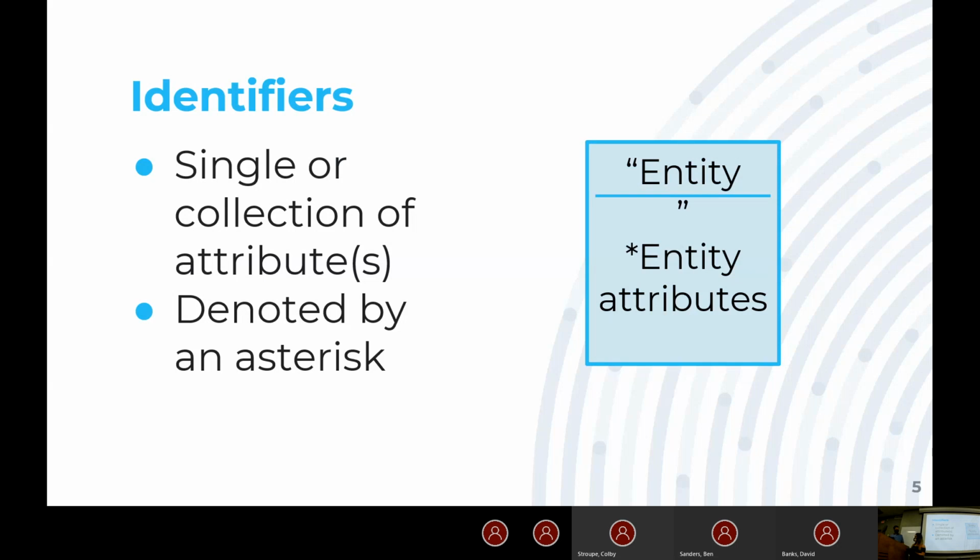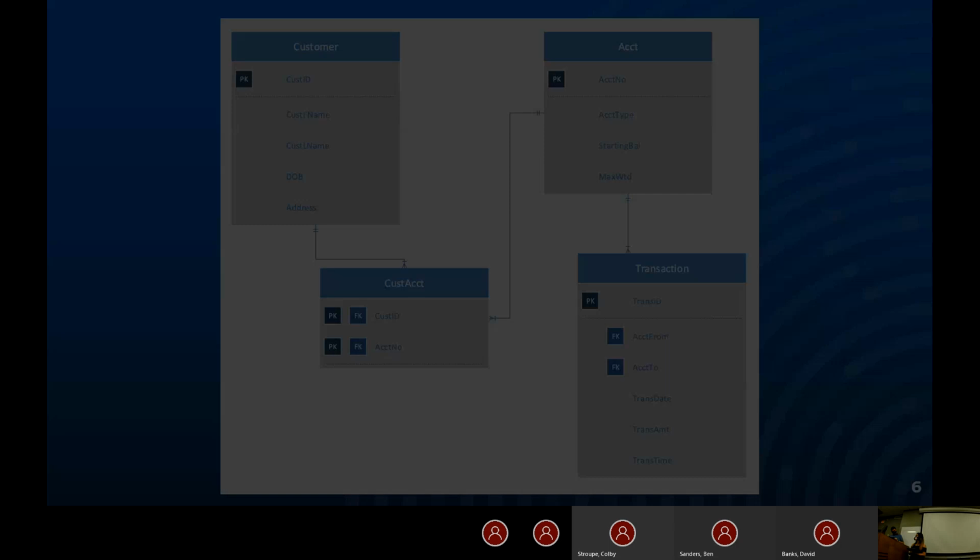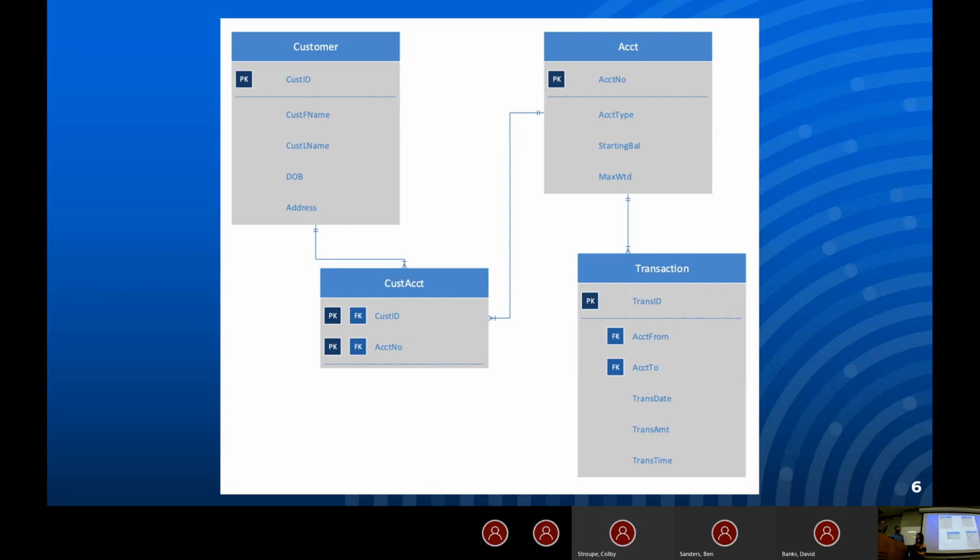And identifiers are also just a singular collection of attributes, and they're denoted by an asterisk, as noted in the PowerPoint. And right here we have, from the previous weeks, the bank ERD example that we would like to show.